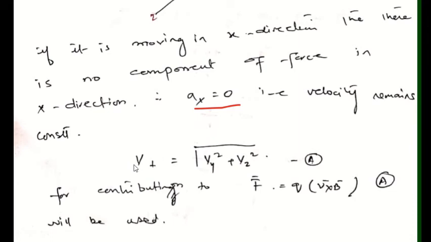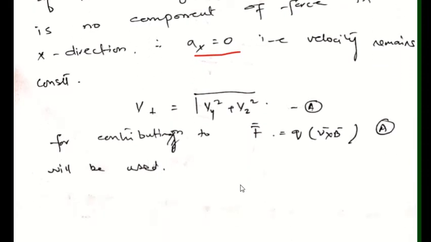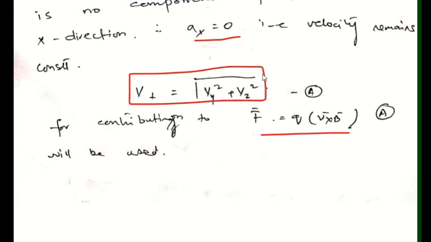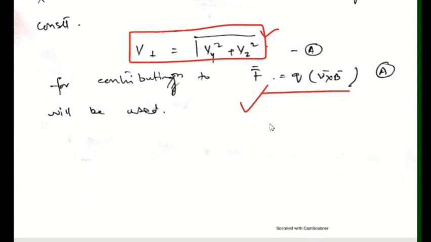So we can find v equals the square root of vy square plus vz square. So from here we can use this equation to find the velocity. We will calculate the velocity for the helical path using this equation, and again use this value in this Lorentz force over here.